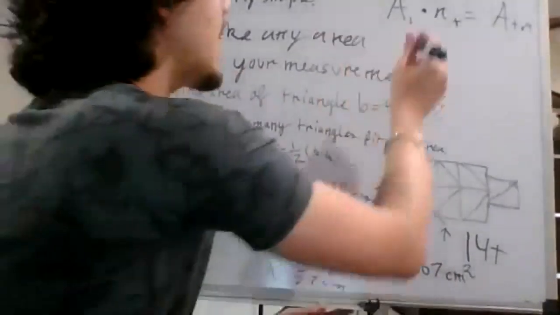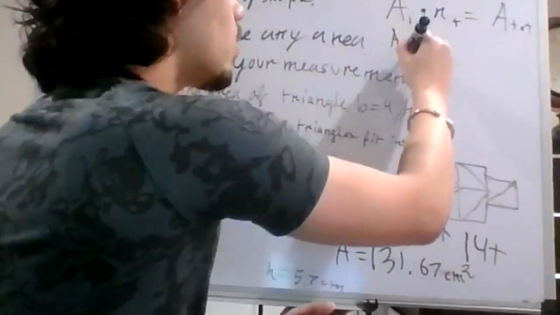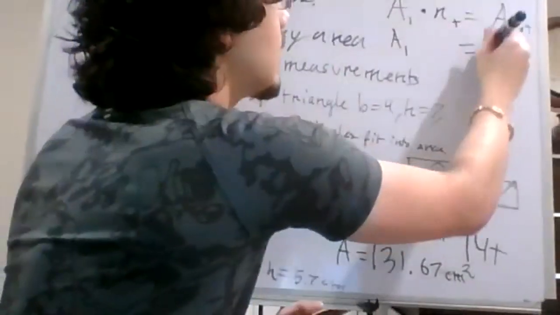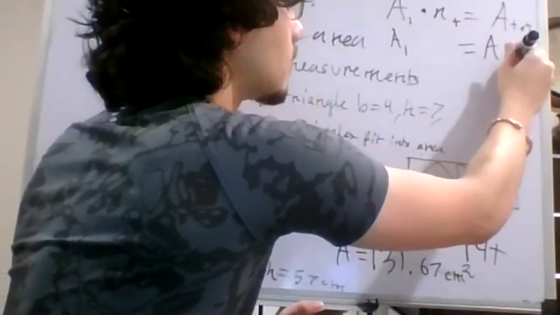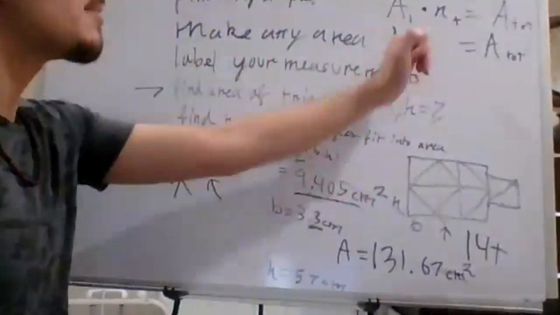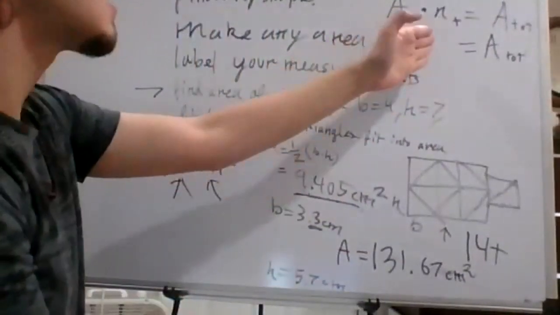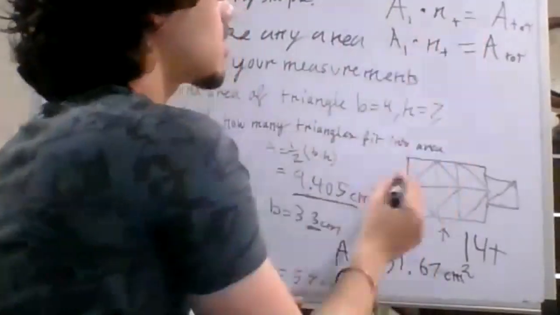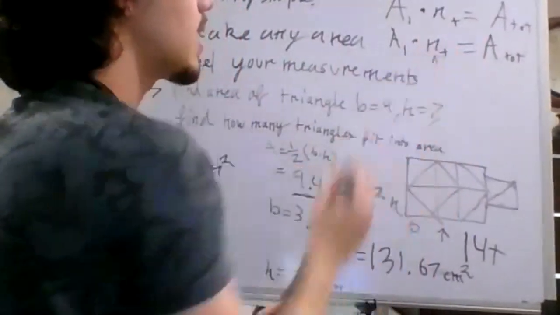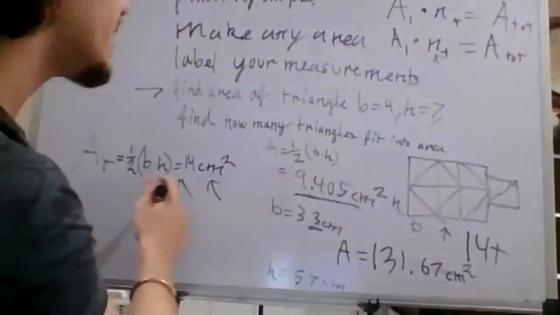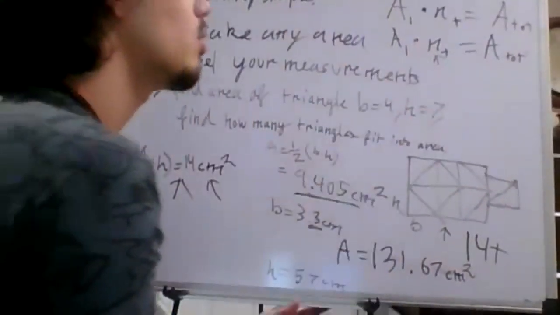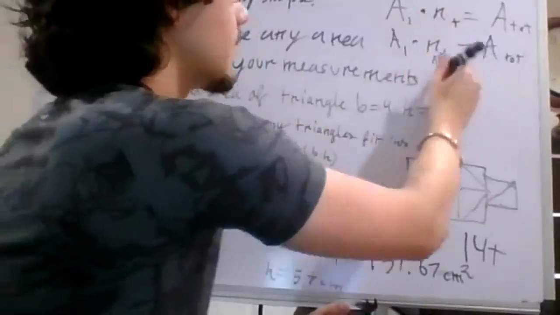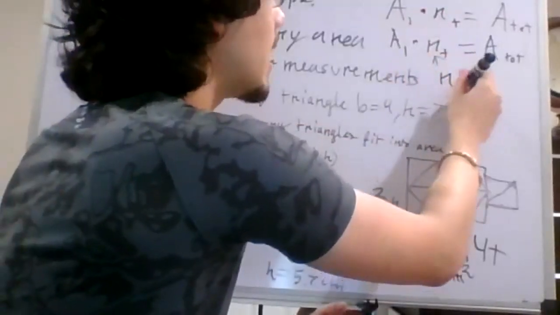Now we have the area of one triangle, which is this, and we have the area total. So what's missing? Just the number of triangles. So that means we are solving for the number of triangles we need to find. That's the whole homework.